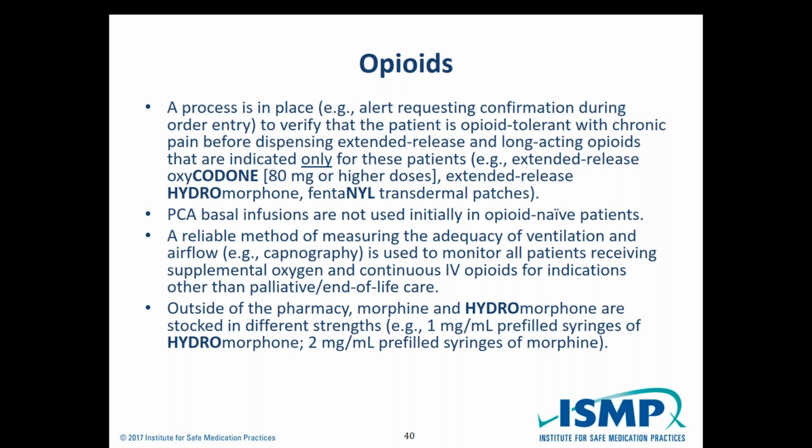A reliable method of measuring the adequacy of ventilation and airflow, and one example would be capnography, is used to monitor all patients receiving supplemental oxygen. And this is something that even the Anesthesia Patient Safety Foundation held a conference several years ago addressing this issue.